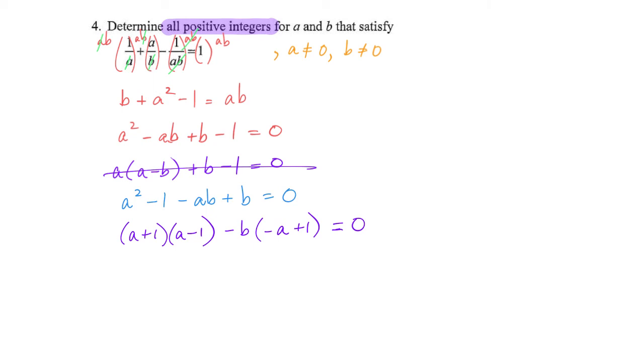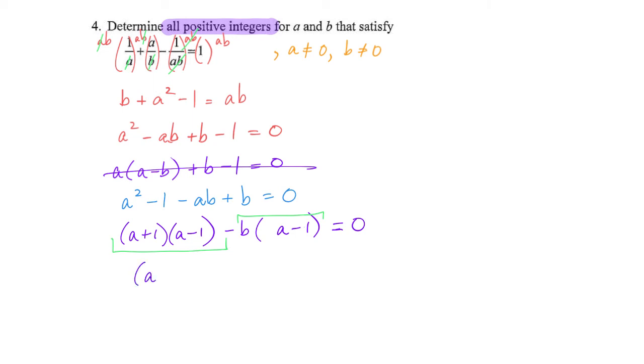So if I factor out a negative b, then that would leave me with a positive a and a negative 1. And now in my two terms, I have a common factor of a minus 1.